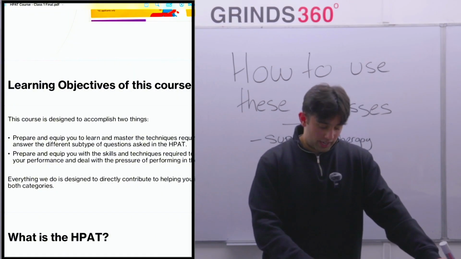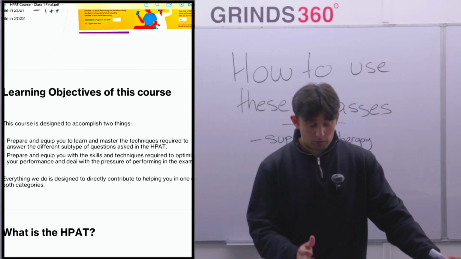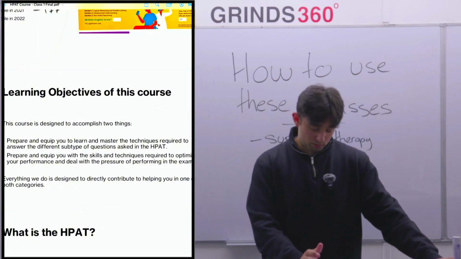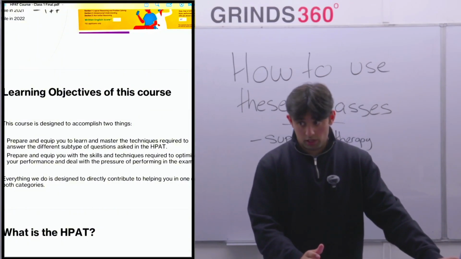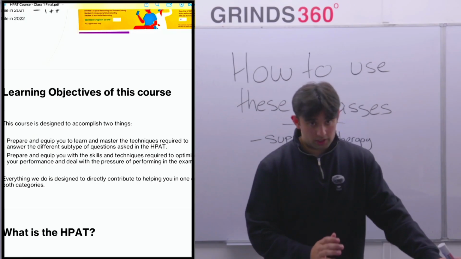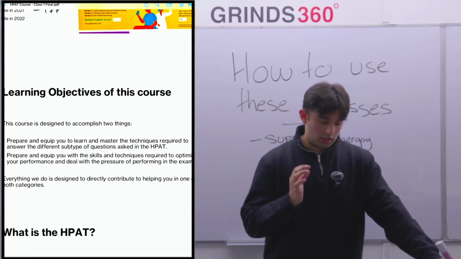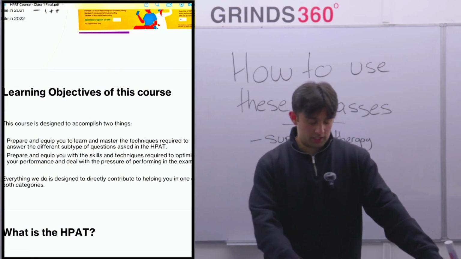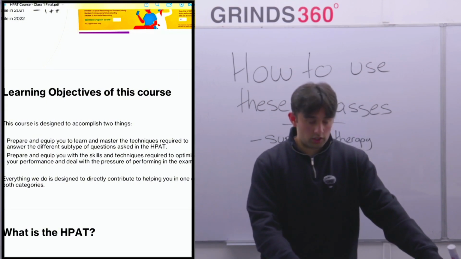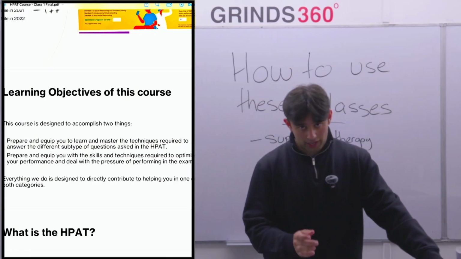But more importantly is the second bullet point: prepare and equip you with the skills and techniques required to optimize your performance and deal with the pressure of performing in this exam. Feedback from students is that the second bullet point is the strongest part of these classes. To spoil what's coming in the next hour, you're going to be up against really strong students. The only people who bother with this exam are the ones who are quite excellent.